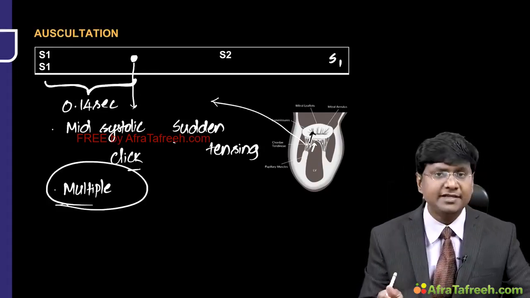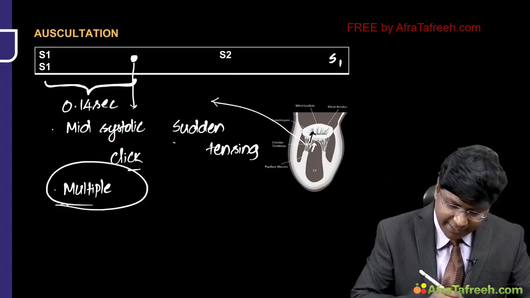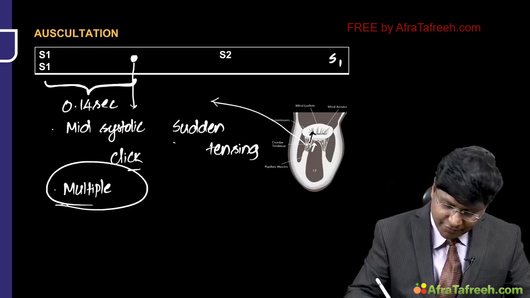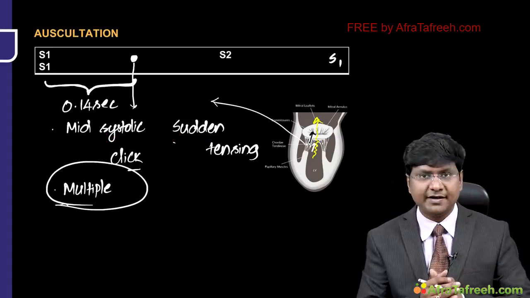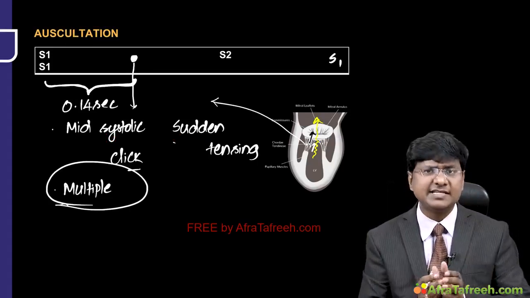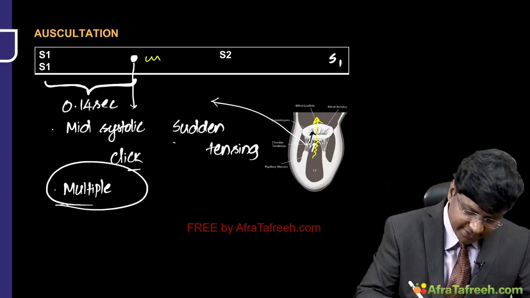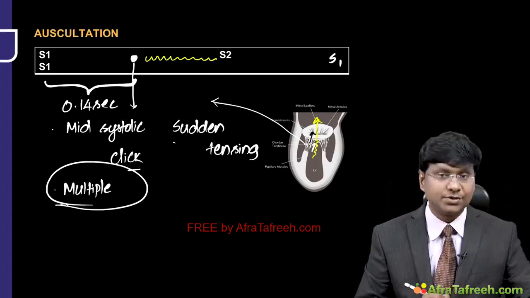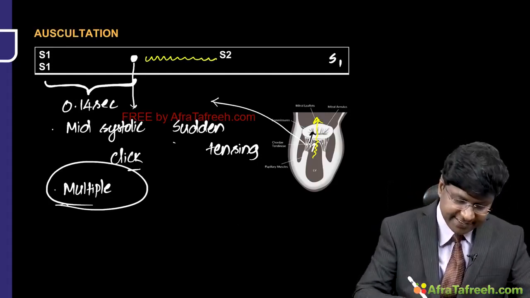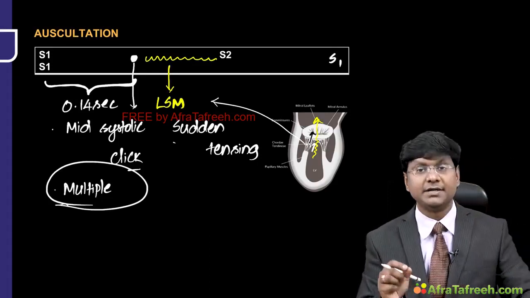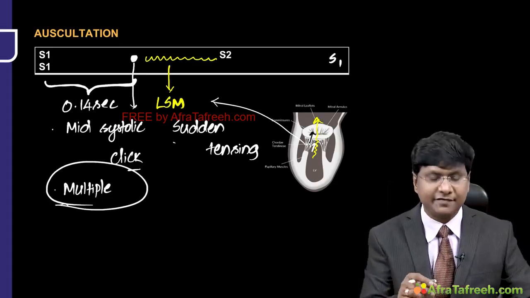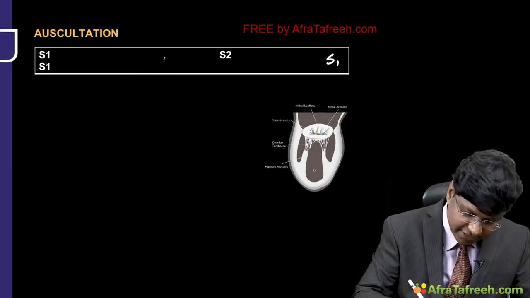Now, after this particular click, what can happen? The blood from the left ventricle can regurgitate back into the left atrium during LV systole, and thereby you get the late systolic murmur. So, another very, very important part of the examination is the presence of the late systolic murmur. Now, what are the characteristic features of this late systolic murmur?